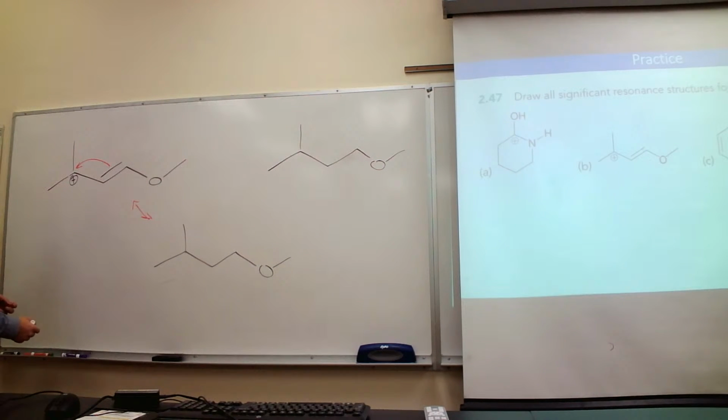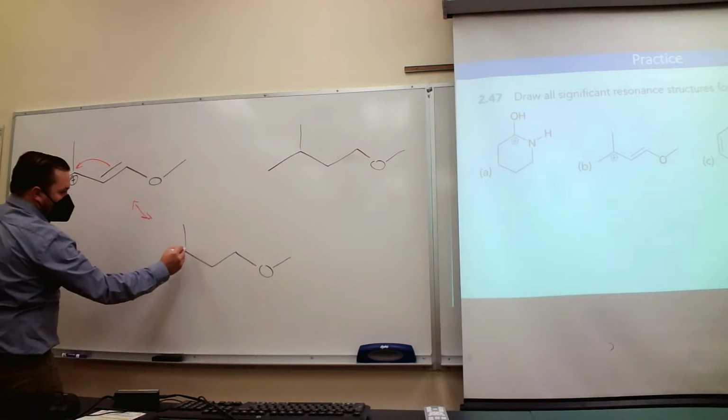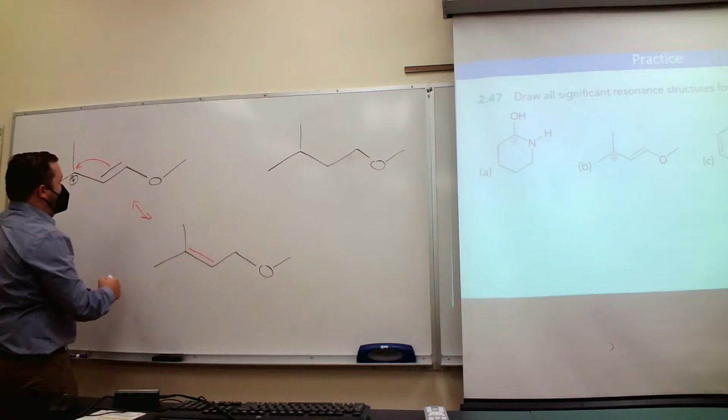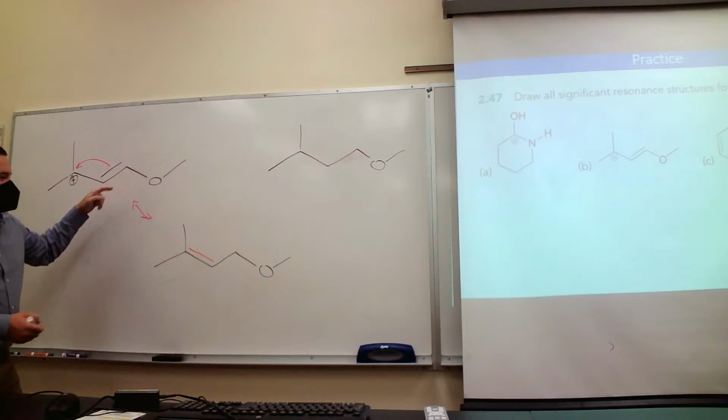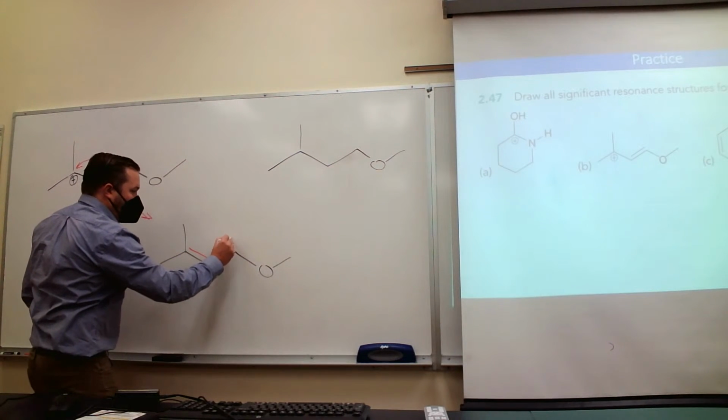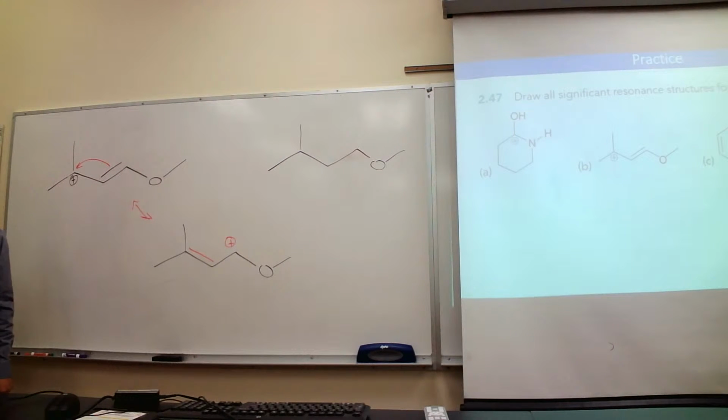So our first resonance structure, you do that, and then what happens to this carbon? It's positive now, right? We stole a pair of electrons from it. Are there any other resonance structures? What do we do?